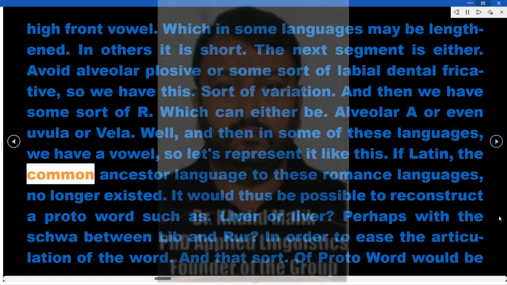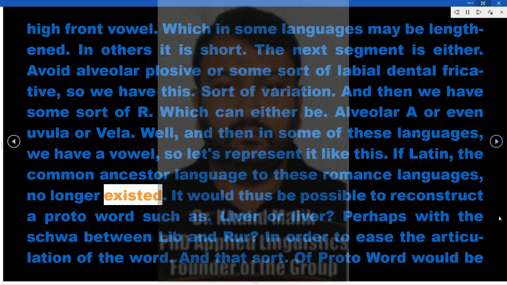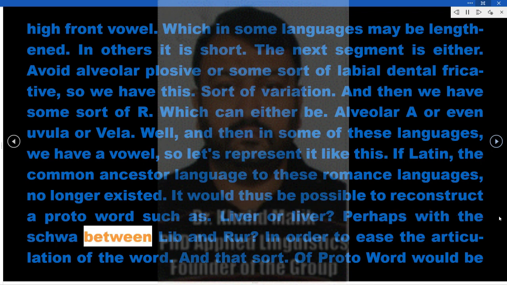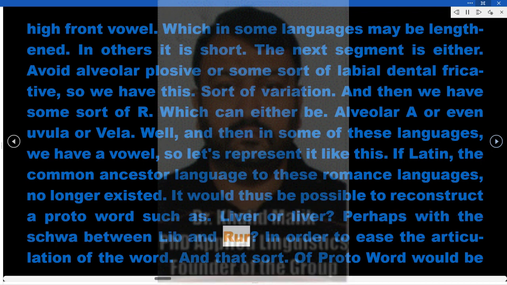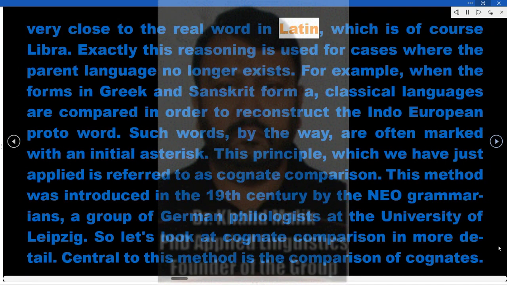If Latin, the common ancestor language to these Romance languages, no longer existed, it would thus be possible to reconstruct a proto-word such as "libr" or "libər", perhaps with the schwa between b and r, in order to ease the articulation of the word. And that sort of proto-word would be very close to the real word in Latin, which is of course "liber".